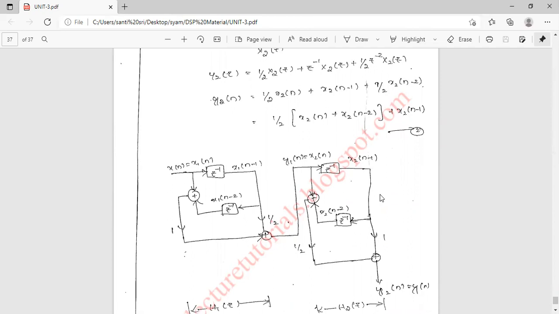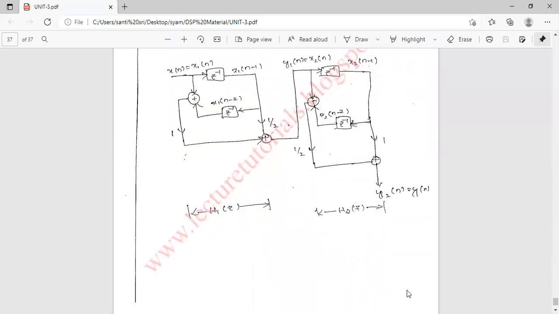After that, h2 of n minus 1 into 1 plus 1 by 2 into h2 of n minus 2. So this will be added, and that is y2 of n, that is equal to y of n.